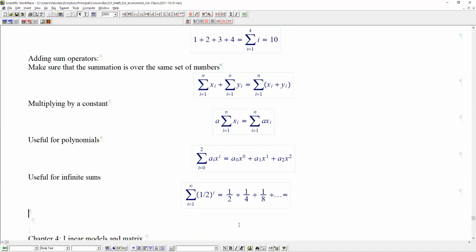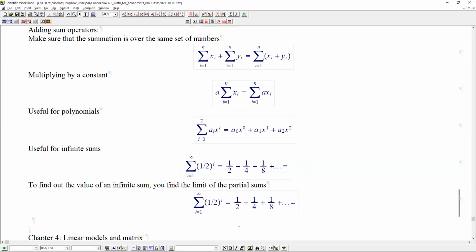So, okay, this is maybe a bit more advanced, but to find out the value of an infinite sum, you find the limit of the partial sums. Partial sums means the sum up to this point.